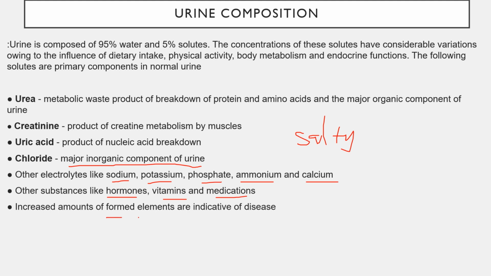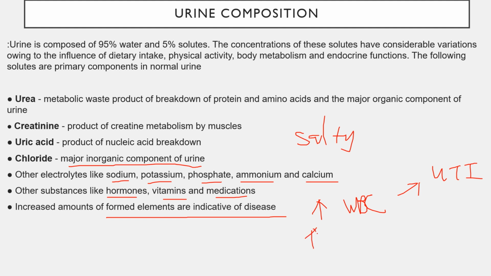Increased amounts of formed elements, class, are indicative of disease. For you to understand this, let's say nakakita ka ng abnormal amounts or increased white blood cell. So most likely ang patient mo may UTI.